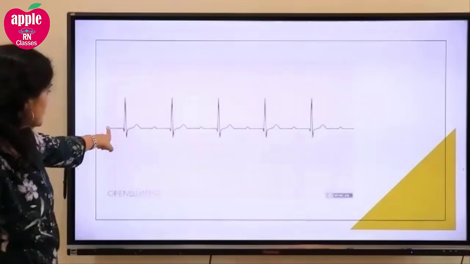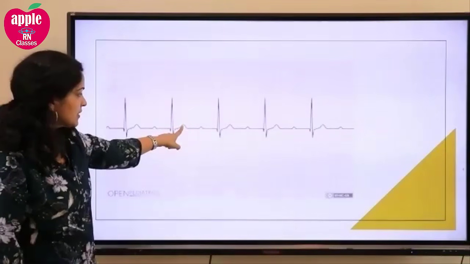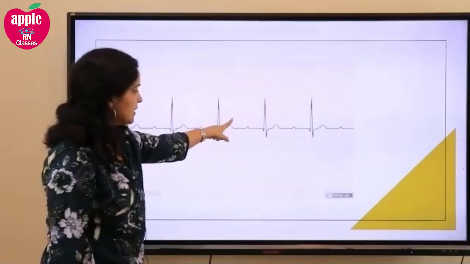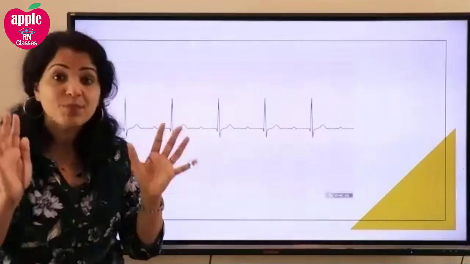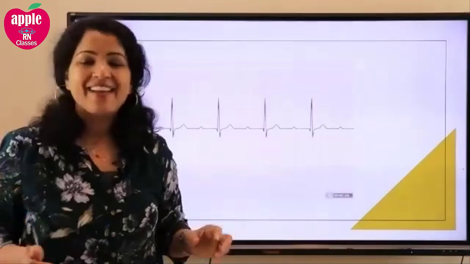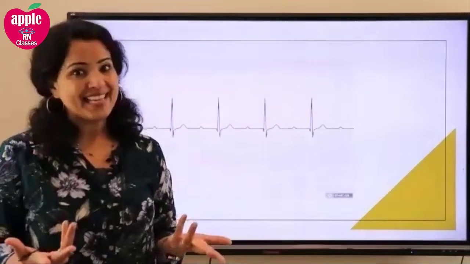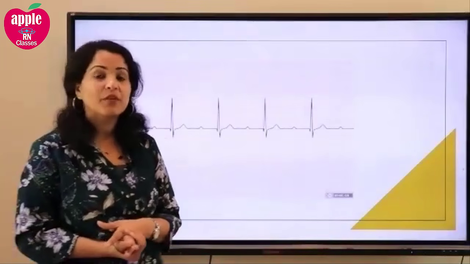Like you can see, there is a QRS, T, P, there is a QRS, T, P, QRS, T, P, QRS, T, P. So which means for every P wave, there is a QRS. There is no dropping. If there is no dropping, what is it? Can you type in? If you can type in first degree, very good, very good.